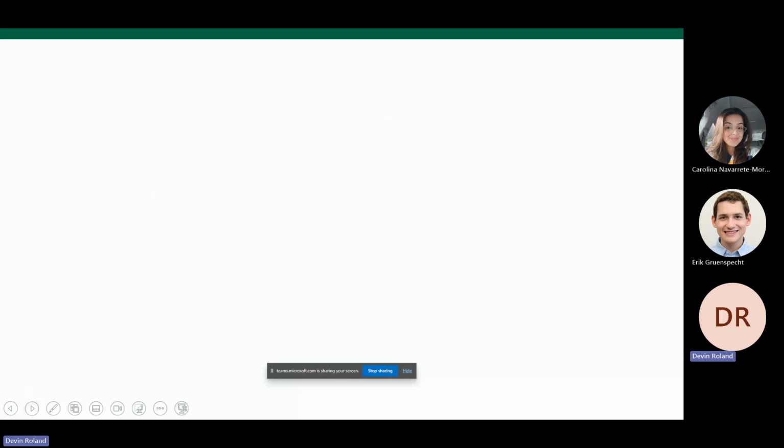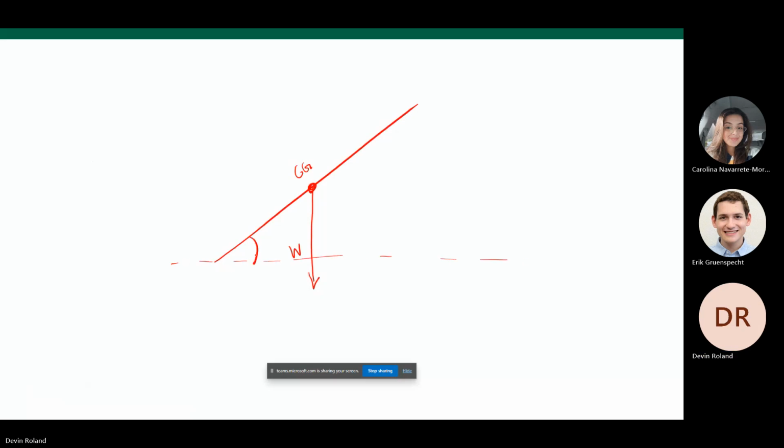So if we have our rod, right, and our weight is acting at the center of gravity, then we know that this angle here is 60 degrees. What helps me is if I break that force into a component that's normal to this gate, and then one that's parallel to it. And so that would look something like this. And we could call those W parallel and W normal.